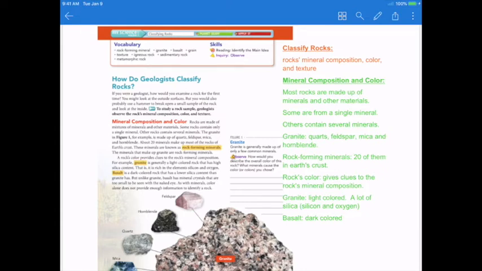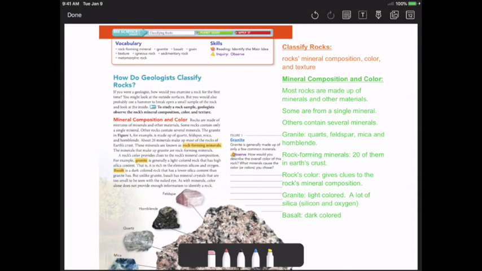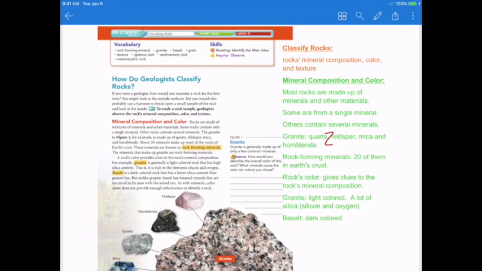Granite, for example, is made up of a bunch of different minerals, from quartz to feldspar. And I notice I spelled quartz there wrong. So quartz should be a Z. Typo. Feldspar, mica, and so forth. Rock-forming minerals, there's about 20 different rock-forming minerals on Earth, and they're mainly in the Earth's crust.